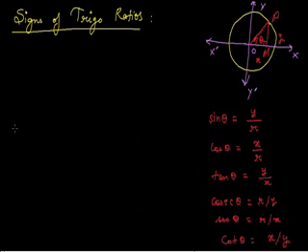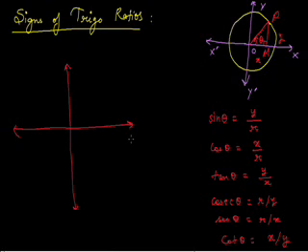Now we need to find the values of these trigonometric ratios in the 4 quadrants. By drawing these perpendicular lines, this is x, this is O, this is x dash, this is y, this is O, this is y dash. We know that this quadrant is the first quadrant, this is the second quadrant, this is the third quadrant, and this is the fourth quadrant.